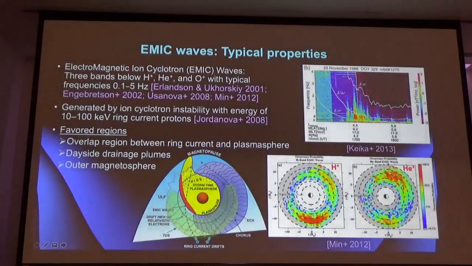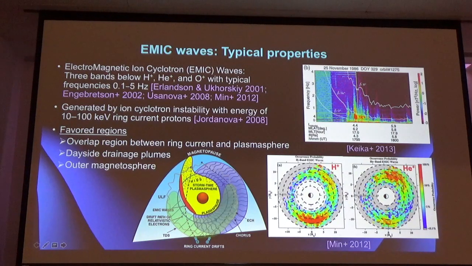Now let's look at the EMIC waves, which are the electromagnetic ion cyclotron waves, typically occurring below the multiple ion cyclotron frequencies. They have a frequency in the range of Pc1, Pc2, from about 0.1 to several hertz. Those waves are generated by the injection of ring current particles with energy of tens of keV.